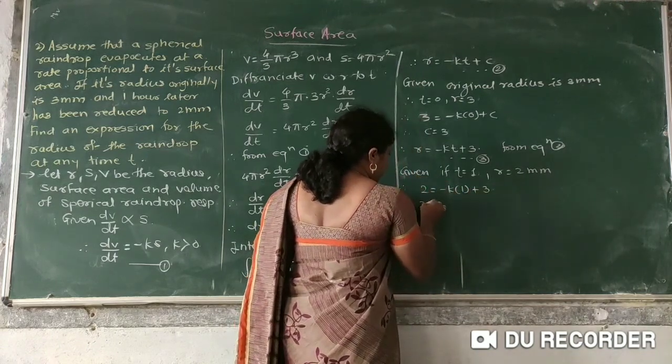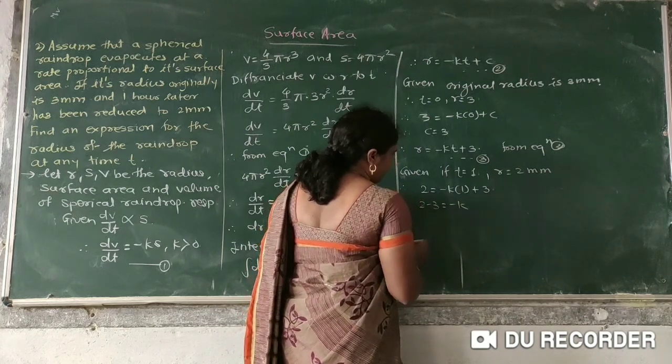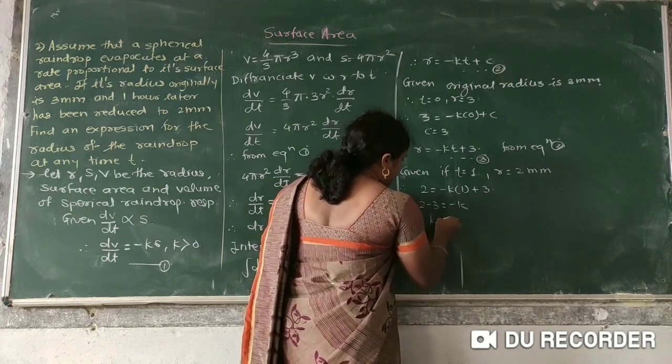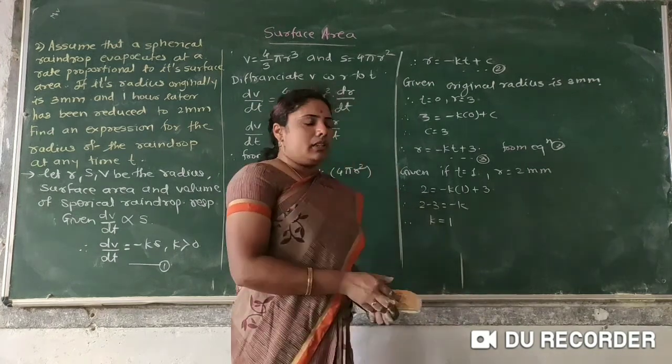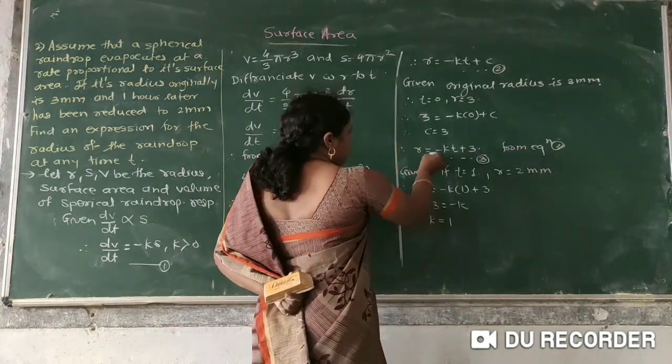Therefore 2 - 3 = -k. Therefore k = 1. Put this value of k in equation 3.